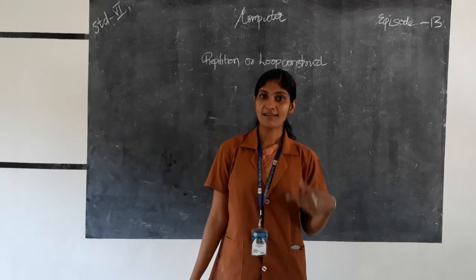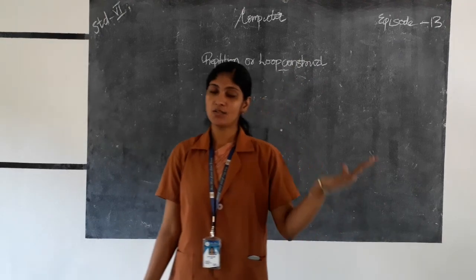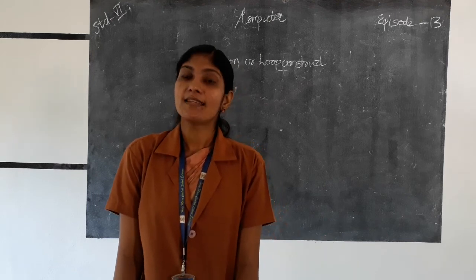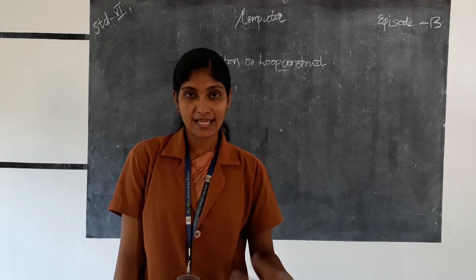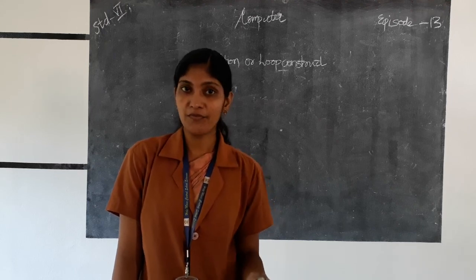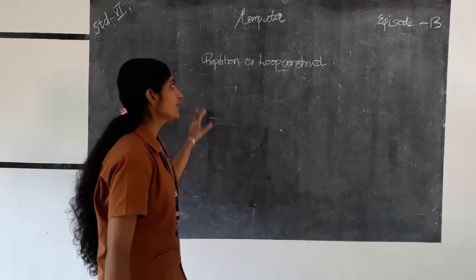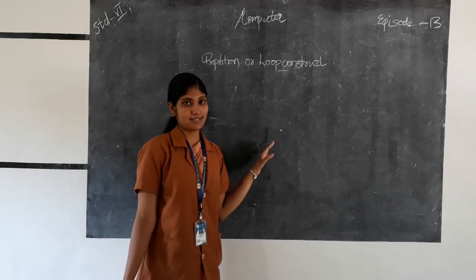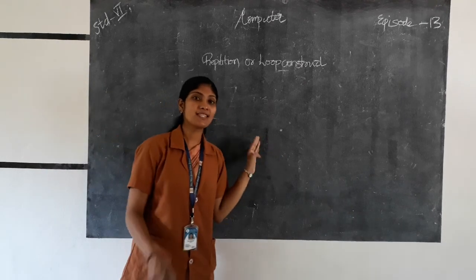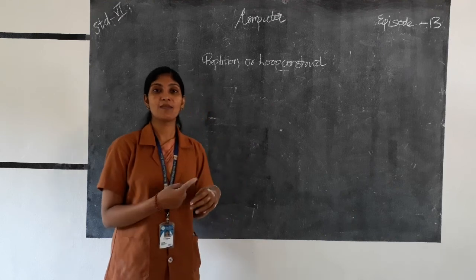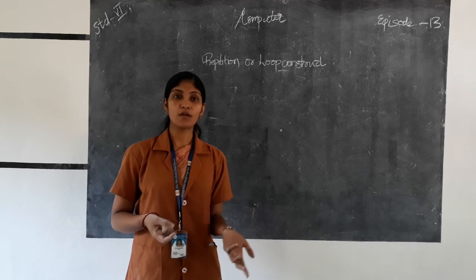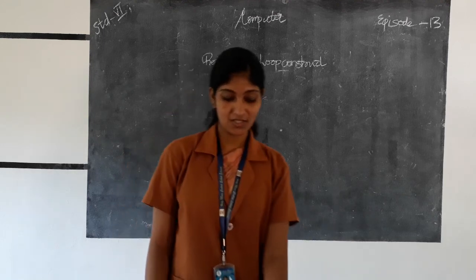A statement repeats again and again. In a program, a statement repeats a certain number of times. So we can say that is the repeat construct, which is also known as the loop construct. Loop means again and again. Again means a statement repeats for a number of times. So that is the repetition construct.